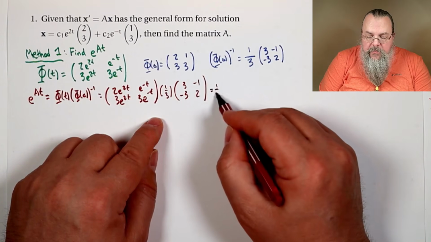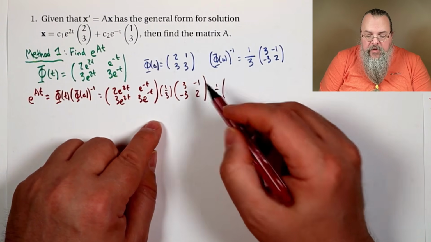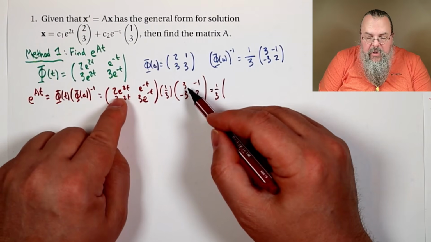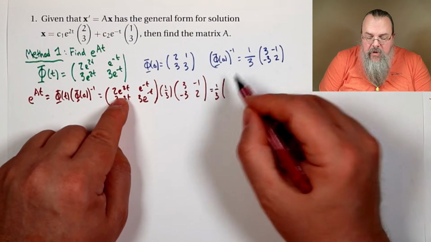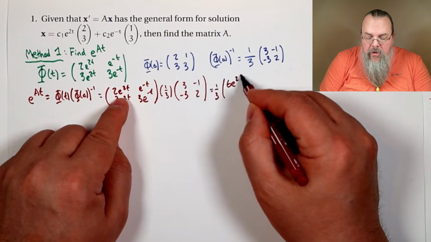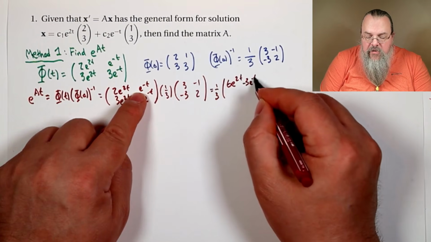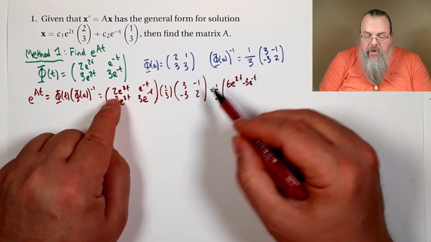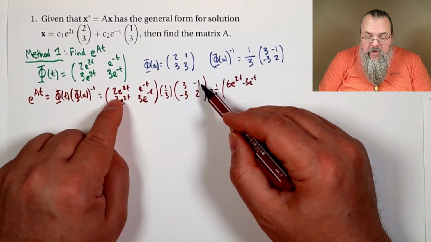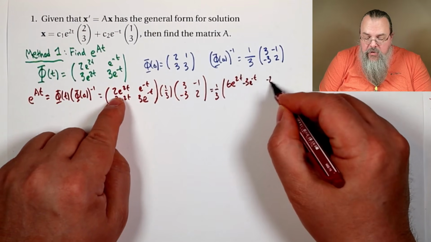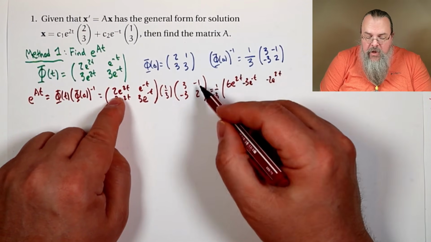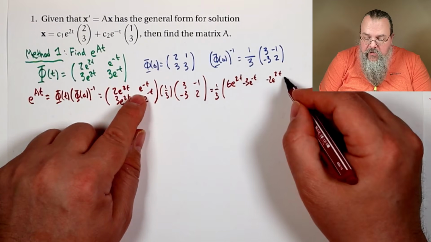I'll leave the 1/3 out in front, and then we multiply through. So we're going to get a 6e to the 2t minus 3e to the minus t, and that's just the one entry there. Then we're going to get a minus 2e to the 2t and a plus 2e to the minus t.